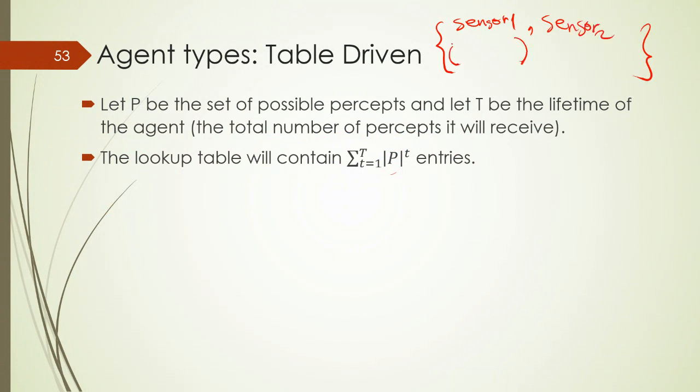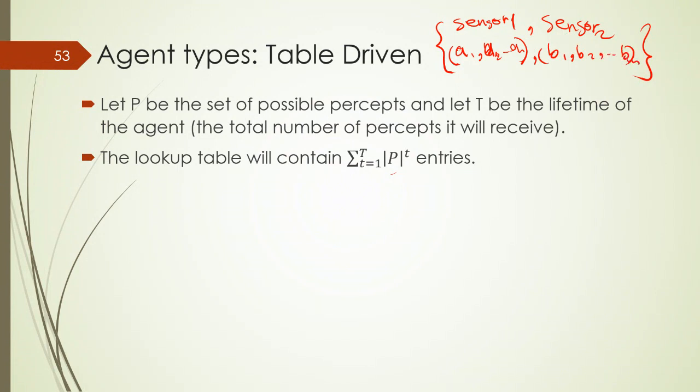Sensor 1 possibilities are like A1, A2, up to AN, different kinds of results from sensor 1. From sensor 2, I might get B1, B2 to BN.